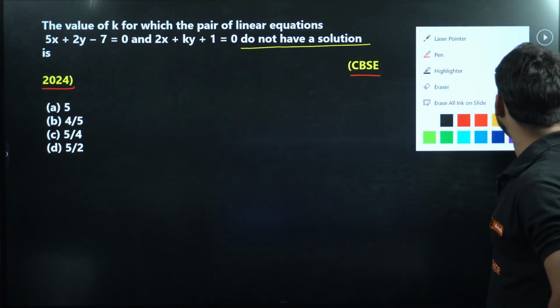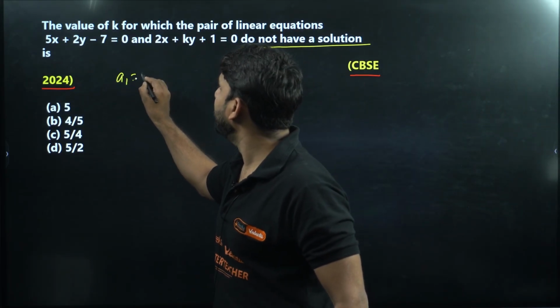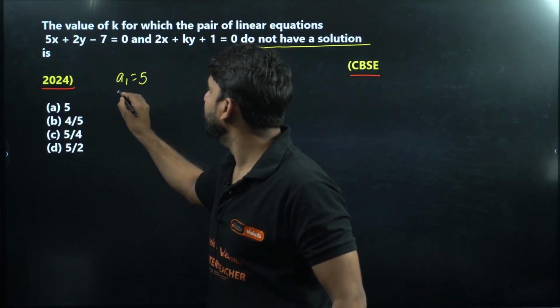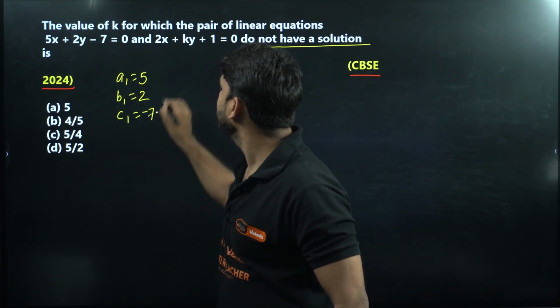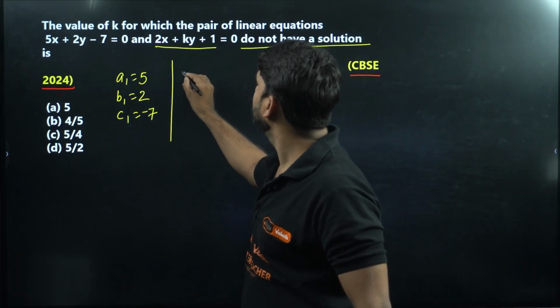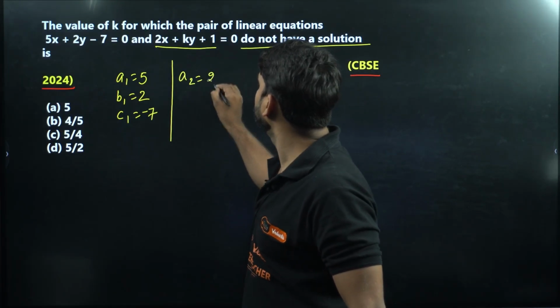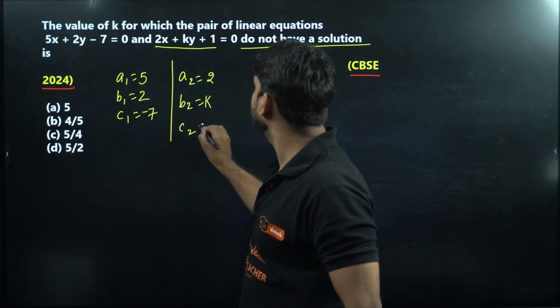The first equation gives A1 as 5, B1 as 2, and C1 as minus 7. And from the second equation, A2 will be 2, B2 will be k, and C2 will be 1.